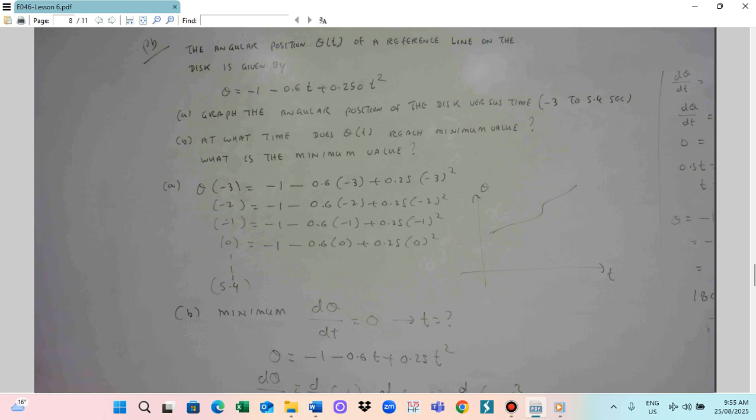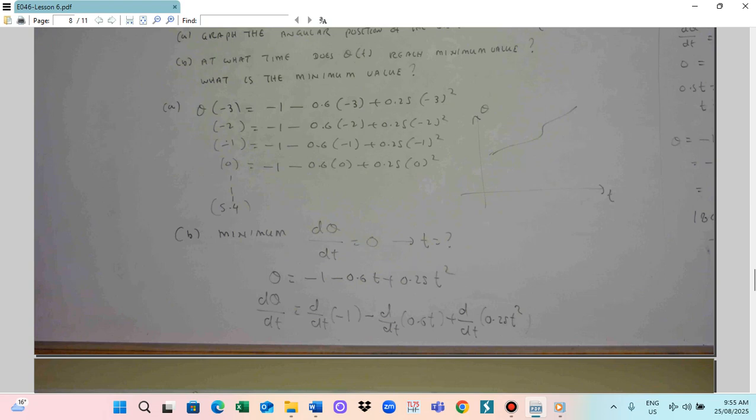And then we can calculate for 5.4. So by this way you can substitute and then you get the value at 5.4. And then you can plot the graph. Plot the graph means horizontal is t and vertical is theta. Then you can plot the graph like this. So this is for part A.